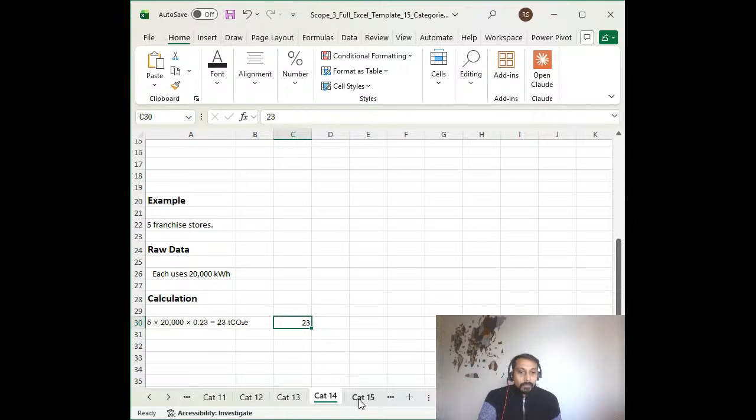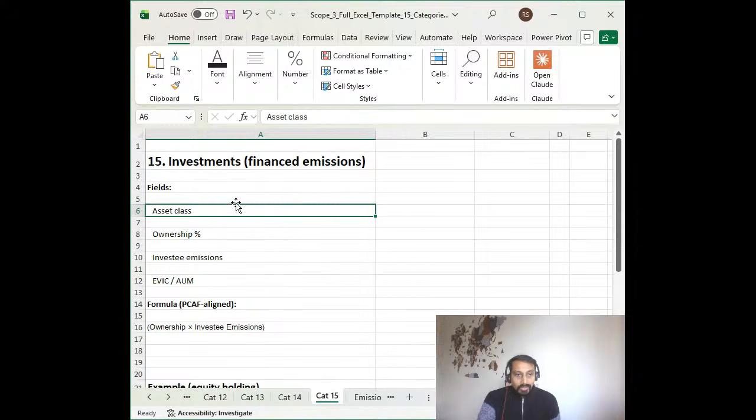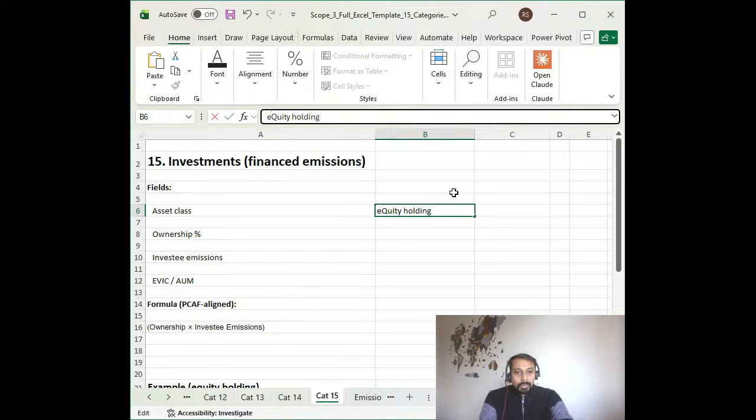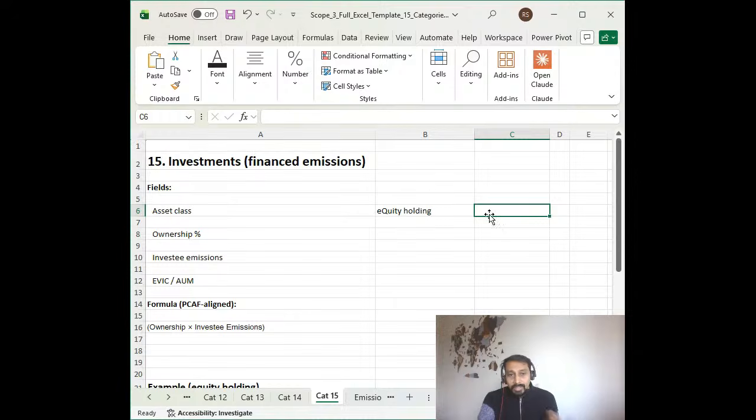Category 15, as I mentioned, the financed emissions in the slide, which comes under the PCAF methodology as well as the other part of the asset class. And if you are mentioning the particular equity holding as a part of asset class, here the loan, the fixed income, the other real assets, other things are coming up.